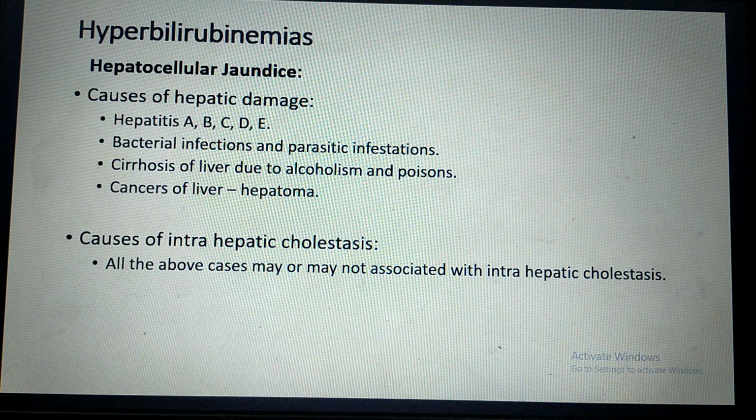Causes of intrahepatic obstruction or intrahepatic cholestasis are all the above cases. When they become obstructive, or when the liver cells get inflamed, they cause intrahepatic obstruction.